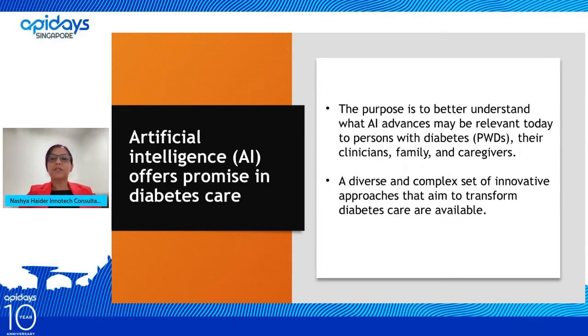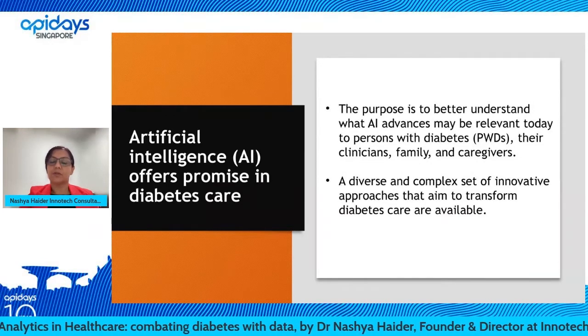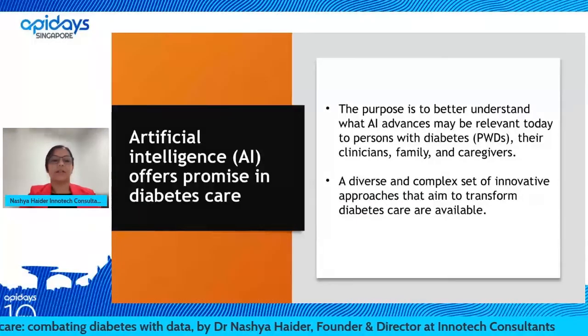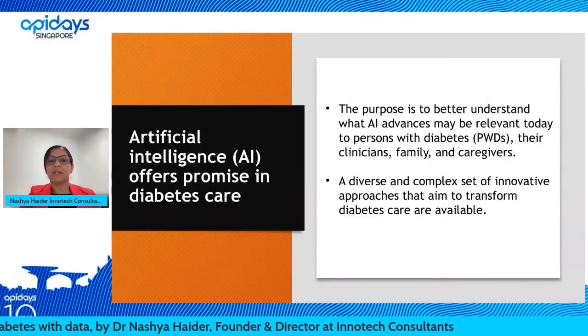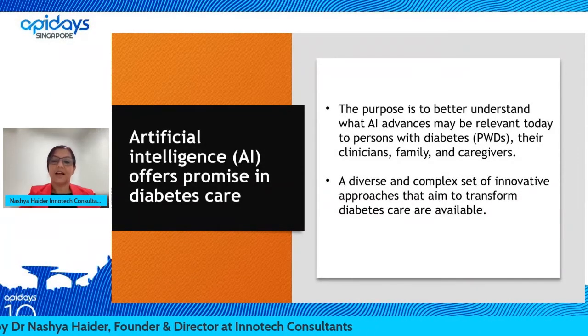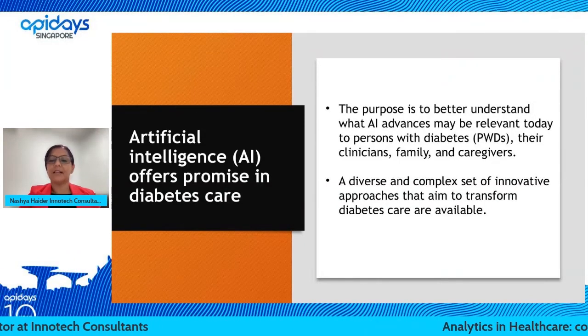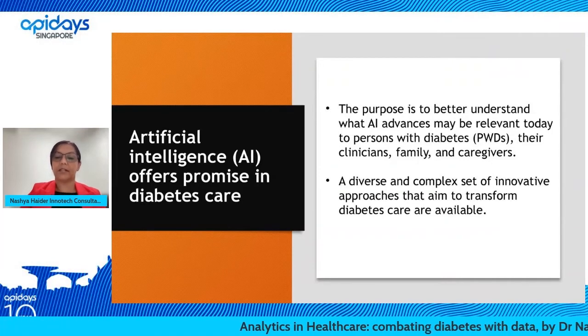So the purpose is to better understand what AI advances may be relevant today to persons with diabetes, their clinicians, their family, and their caregivers, and a diverse complex set of innovative approaches that aim to transform diabetes care are getting into the marketplace.